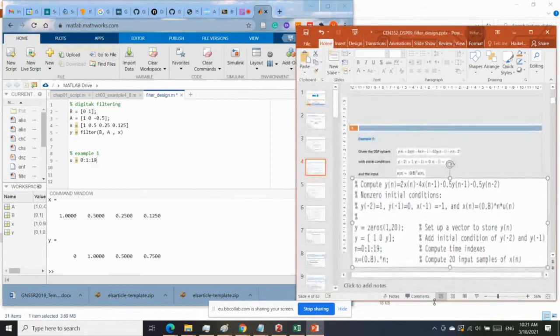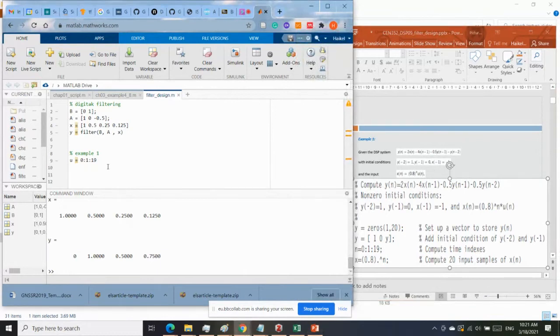This u is defined up to infinity, but he said 20 points only. Then the x is 0.8 to the power of n, where n goes from 0 to 19.